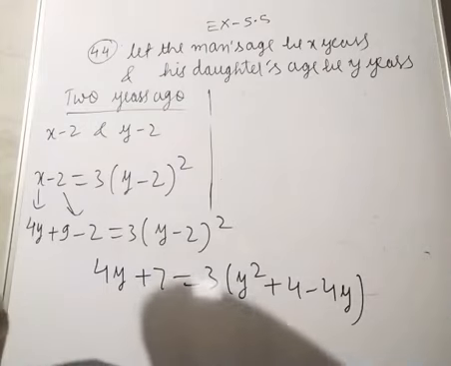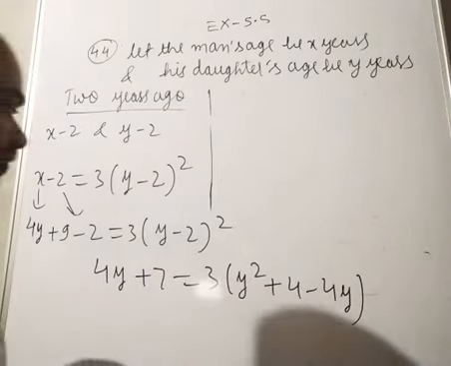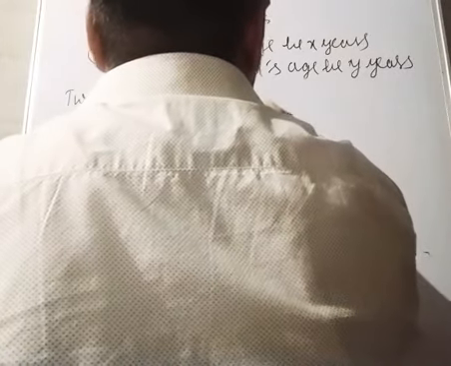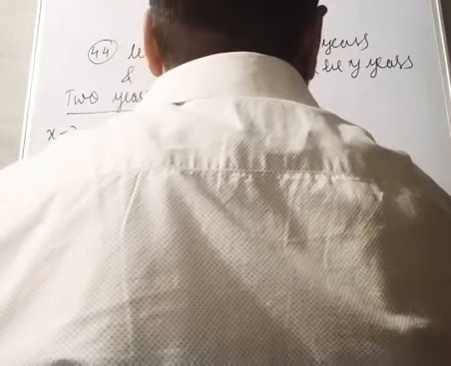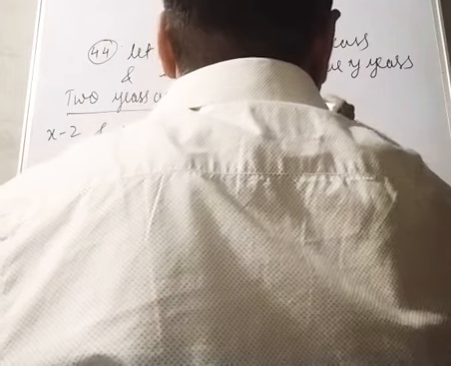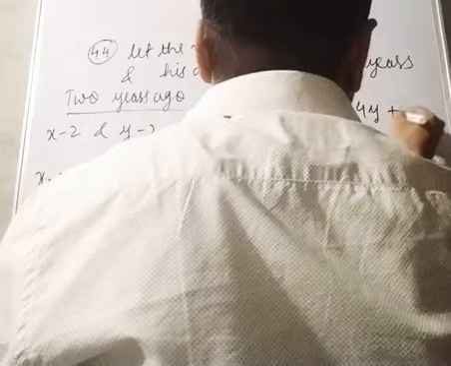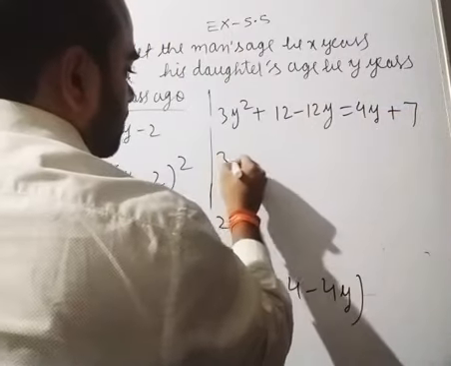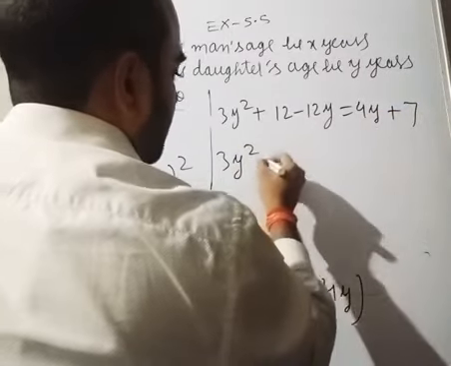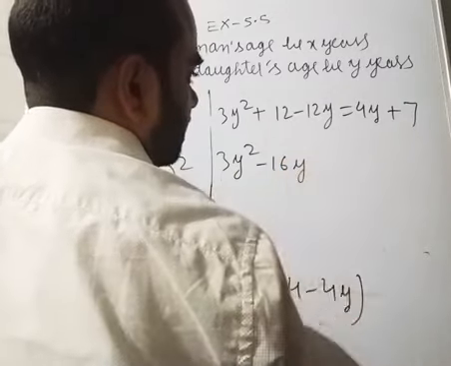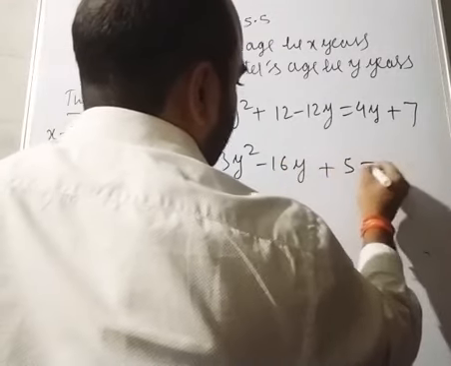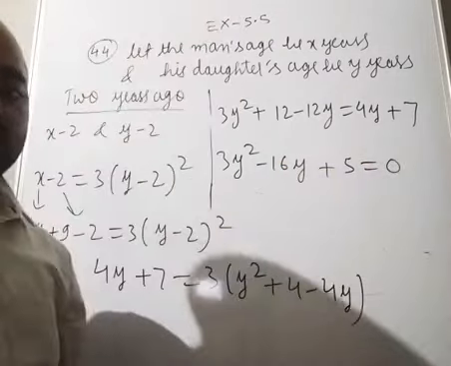Now the final equation will be, you can write it as 3y square plus 12 minus 12y is equal to 4y plus 7. Therefore 3y square minus 16y plus 5 is equal to 0. This is the final equation.